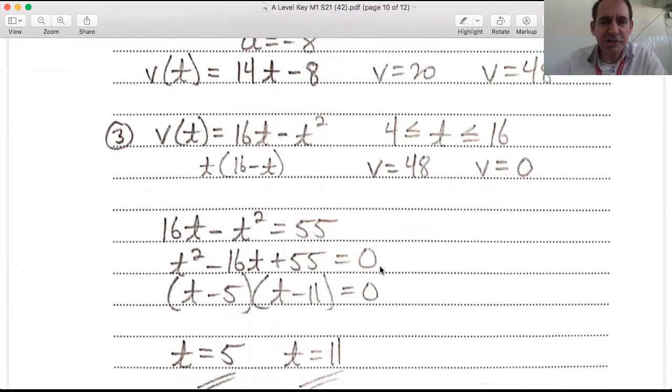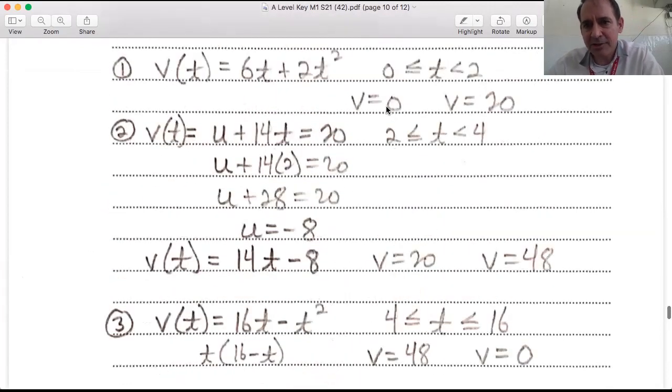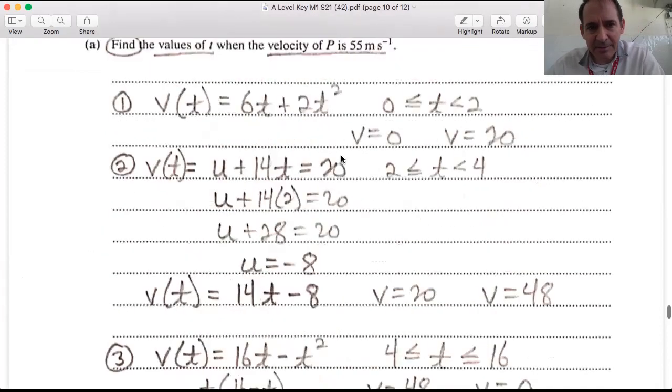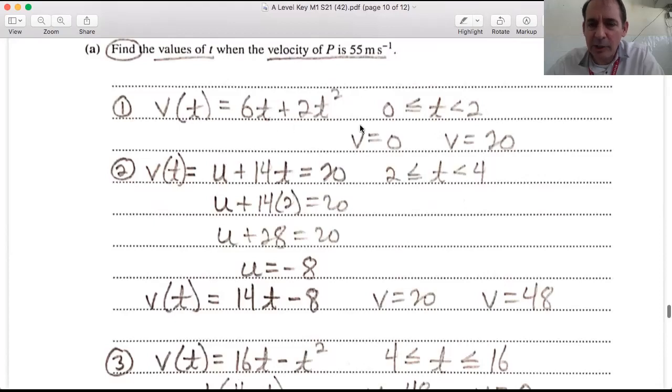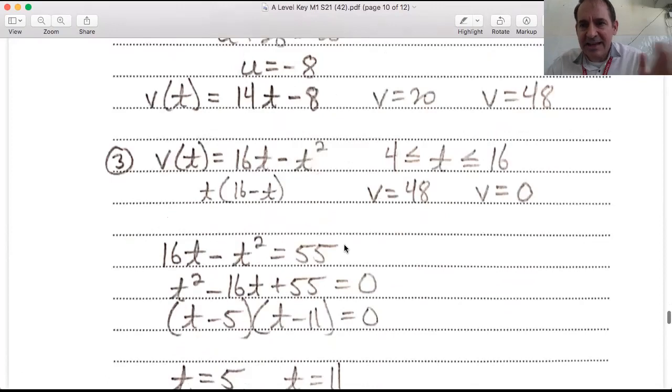Now, which one of these has the velocity of 55? Well, this one is going from 0 to 20, and this is an upward facing parabola. So we're going from lower to higher. This one is linear, again, going from 20 to 48. This one is a downward facing parabola. So the 48 is not the maximum.